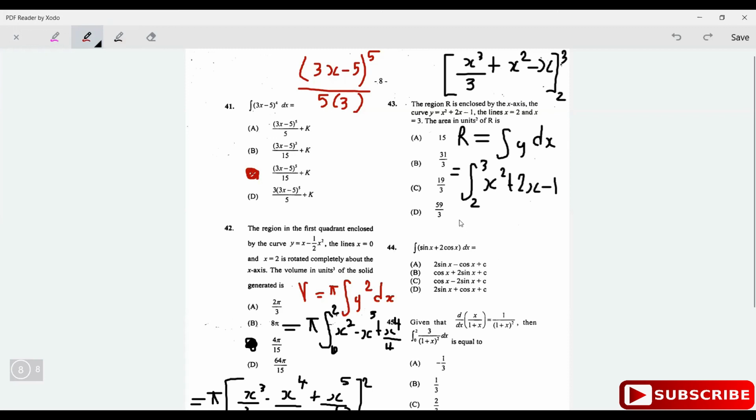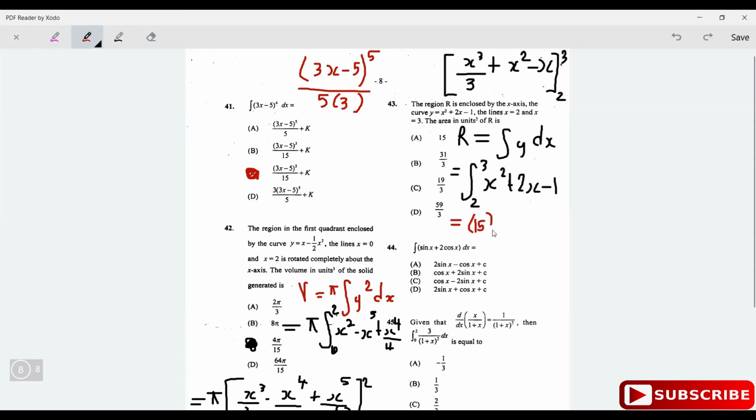So when I plug in 3, I get 3 cubed divided by 3 plus 3 squared minus 3, and that part gives me 15.